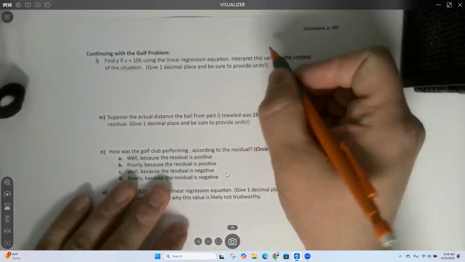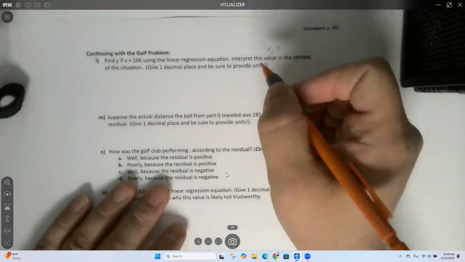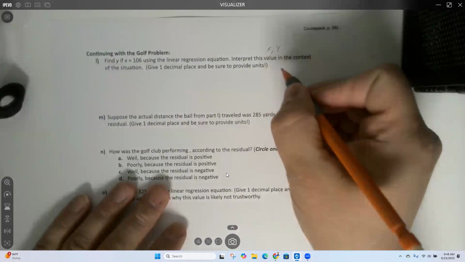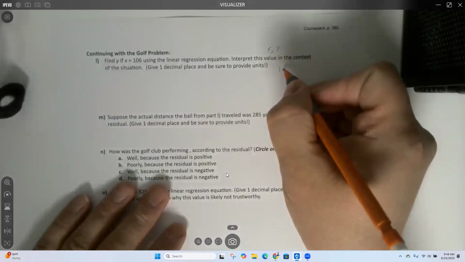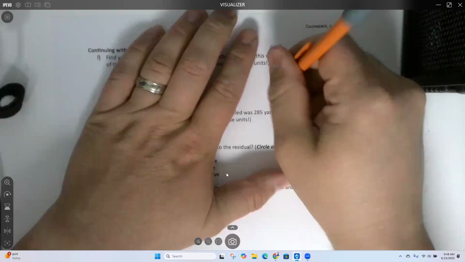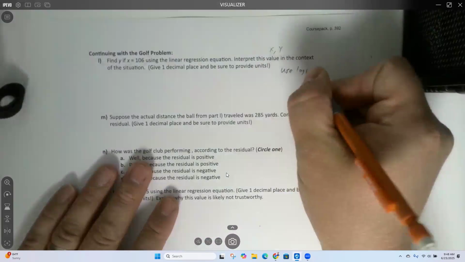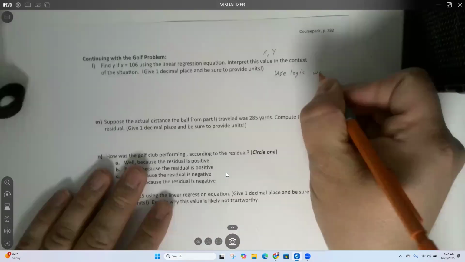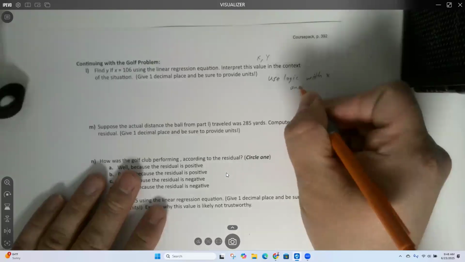So it's really these x comma y values. There's not really a script. You want to use logic here. So use logic with x and y.